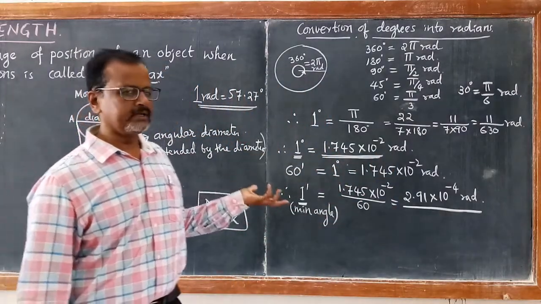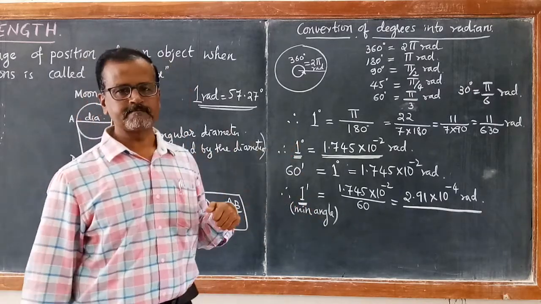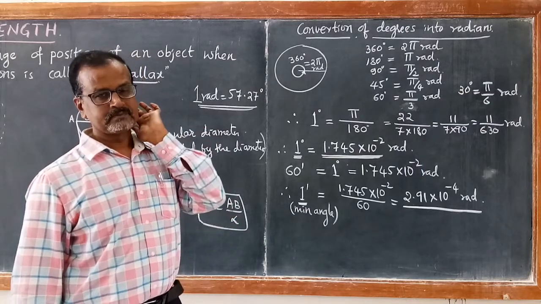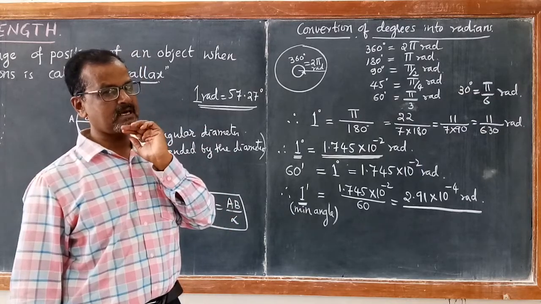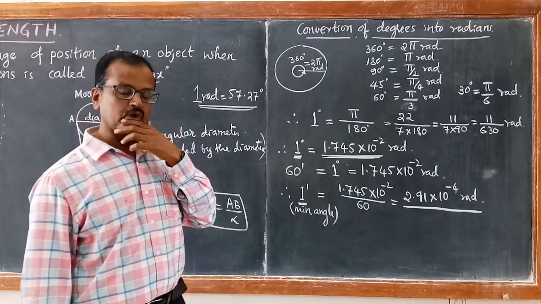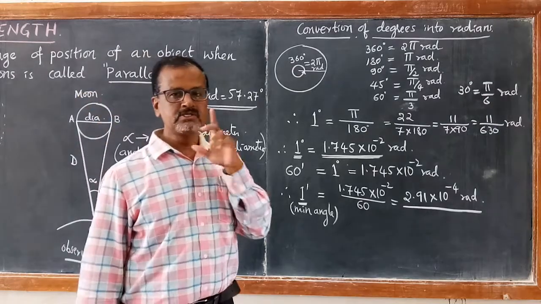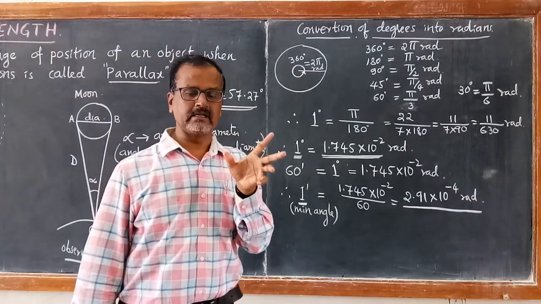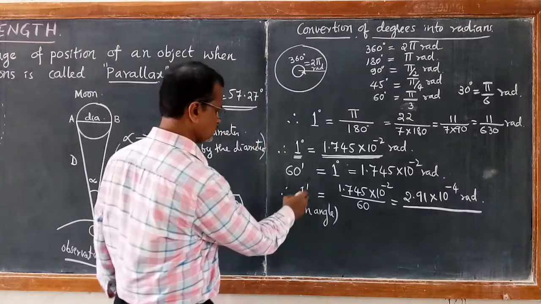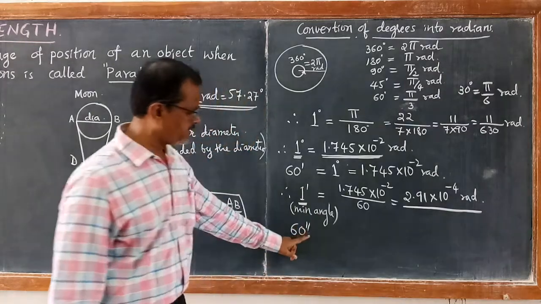Now if the angle is still smaller than 1 minute of angle, like the angle separated by a star at 2 different positions, when the stars are so far away, then remember 60 seconds of angle is equal to 1 minute. 60 seconds will be denoted by 2 lines like this.